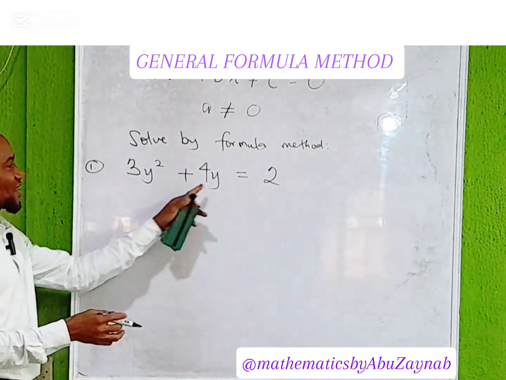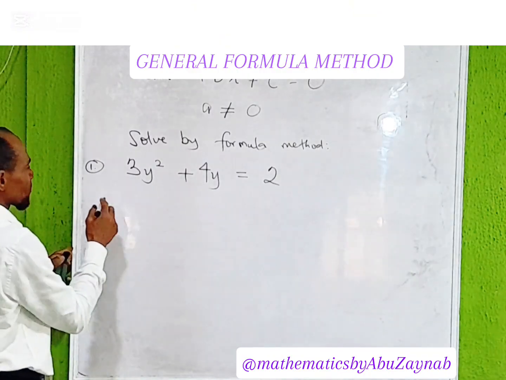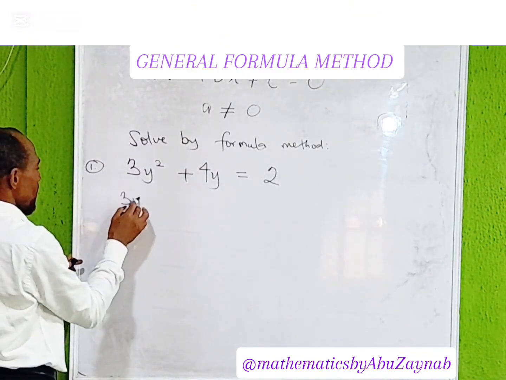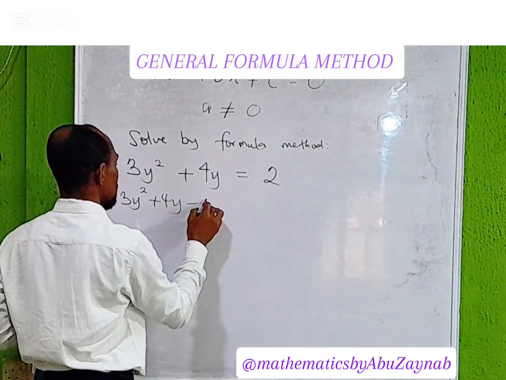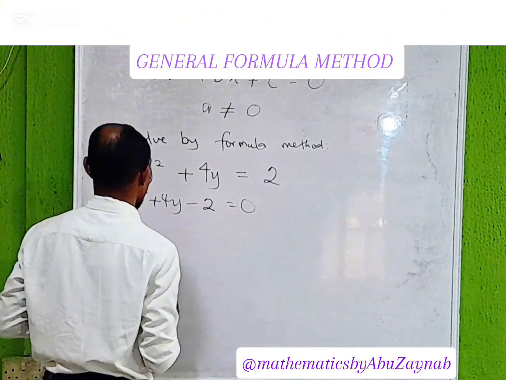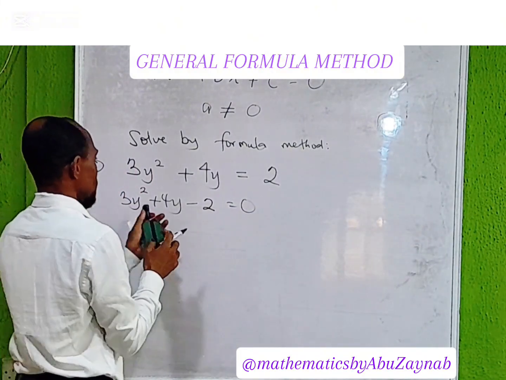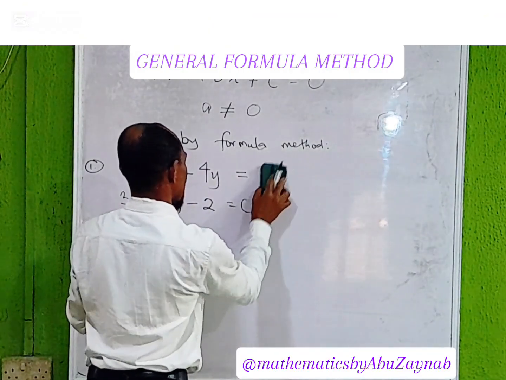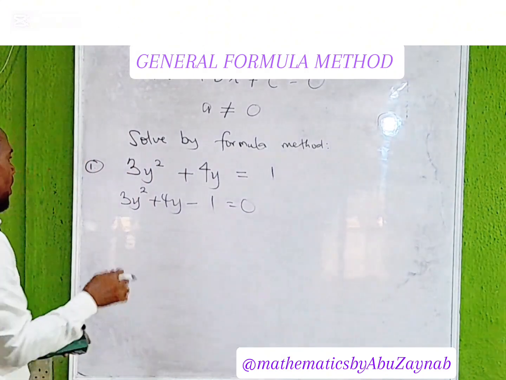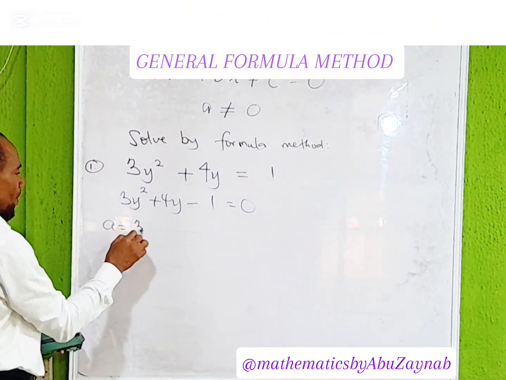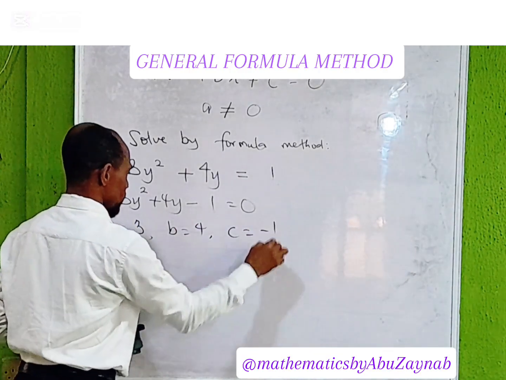So if you pick A, B, C here, you're going to be wrong. So you're going to have what here? 3y squared plus 4y minus 2 equals 0. Now, okay, sorry, this should be 1 here. Let's make that 1 here. So I'm going to have 1 there. Okay, A here is now 3, B is 4, and C is minus 1.